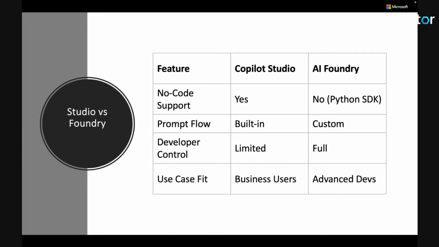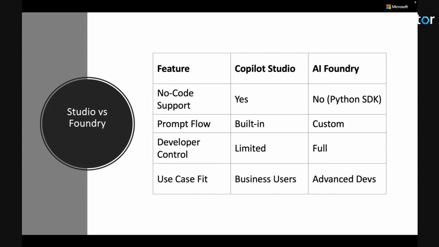When it comes to developer control, Copilot Studio is limited; you can do only certain things inside it, whereas AI Foundry is developed particularly for complex projects. You can develop complex projects there, like a RAG model or whatever different model you name, and you can integrate it inside the Copilot Studio.